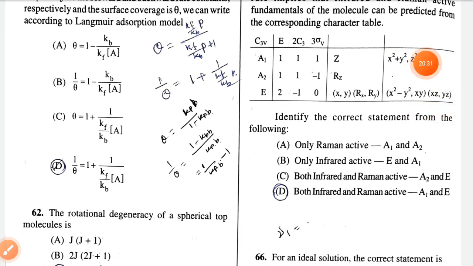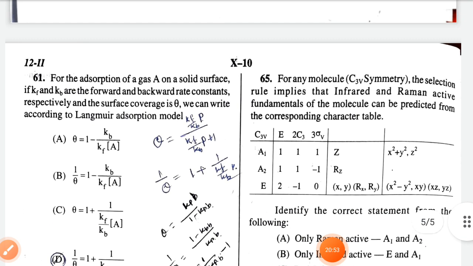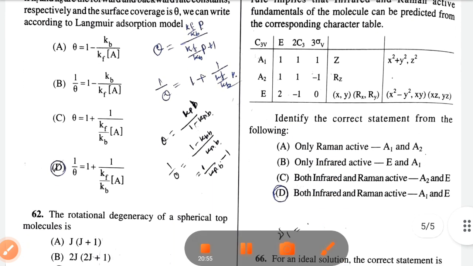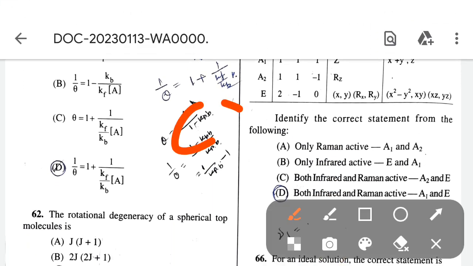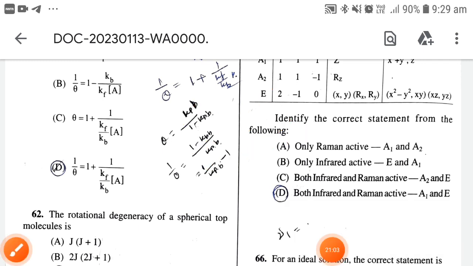In this case, we will solve the problem by tricks. For A1 and for E, there are quadratic functions, but for A2 there is not. As the molecule is in the C3v point group, the C2 is not present. So we can say that both infrared and Raman active are A1 and E.